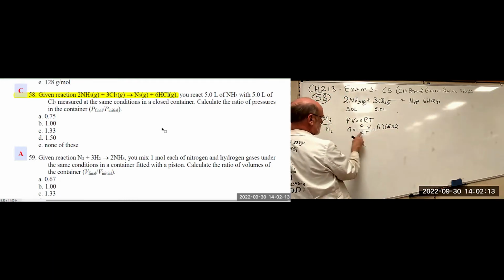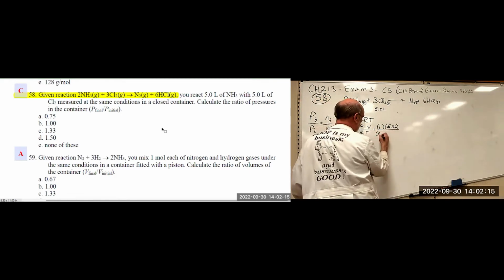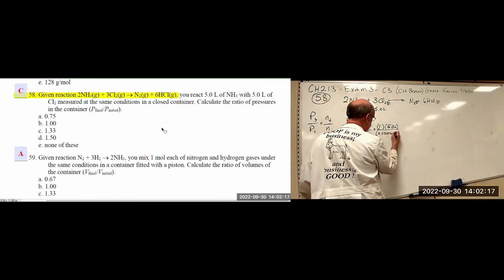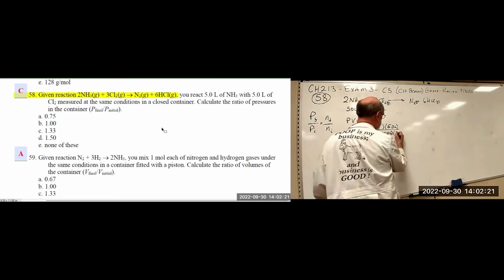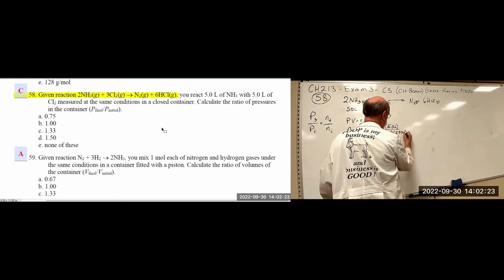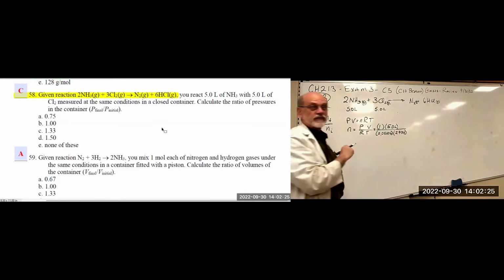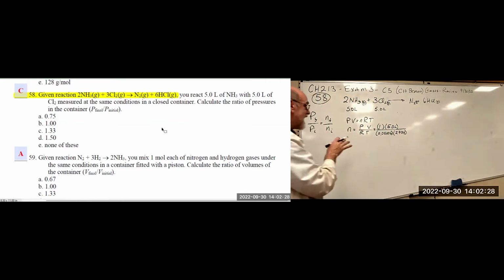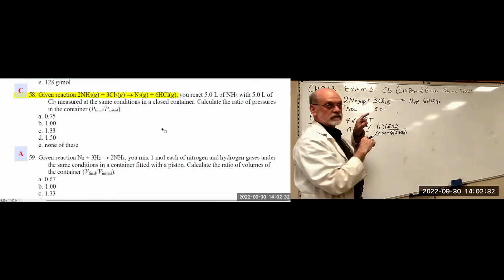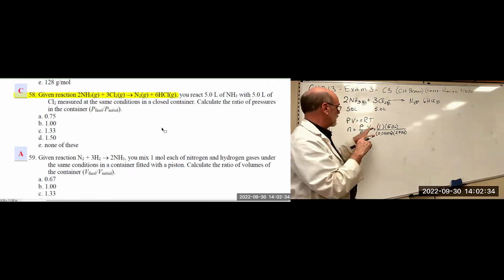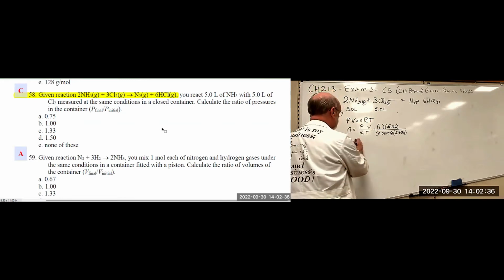And R, 0.08206. And temperature is 273, 0 degrees Celsius. Right. If we do that, then we've got the same number of moles here as we do there. Exactly the same. So we only need to do one calculation.